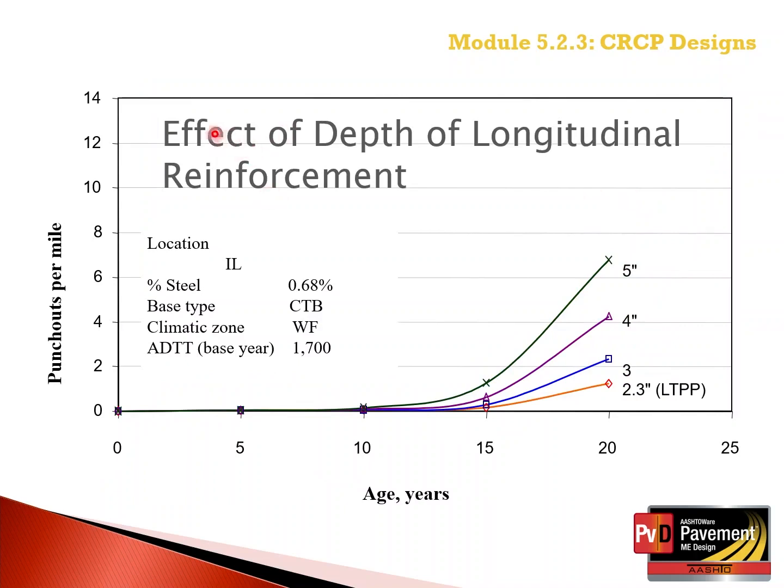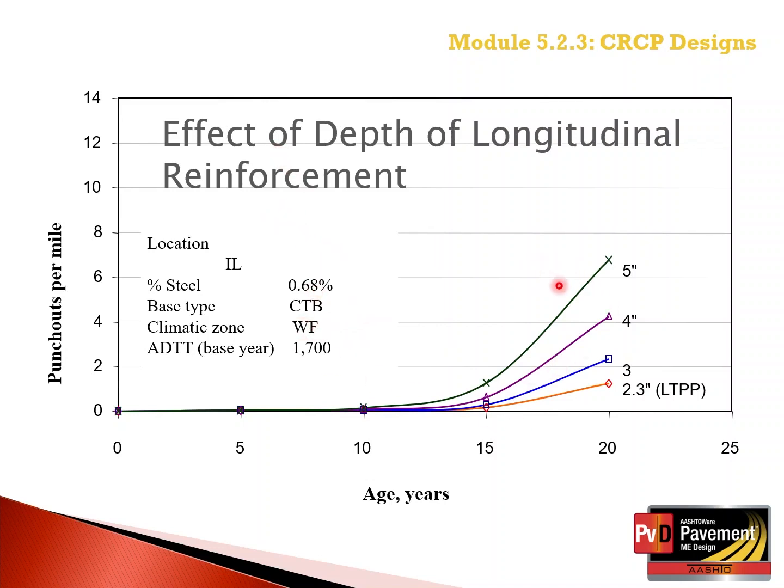The depth of the longitudinal reinforcement also has an impact on the number of punch-outs. Most failures occur at areas where the steel is placed near or below the mid depth of the CRCP slab. The higher the steel is placed, the better the performance in terms of number of punch-outs predicted per mile.